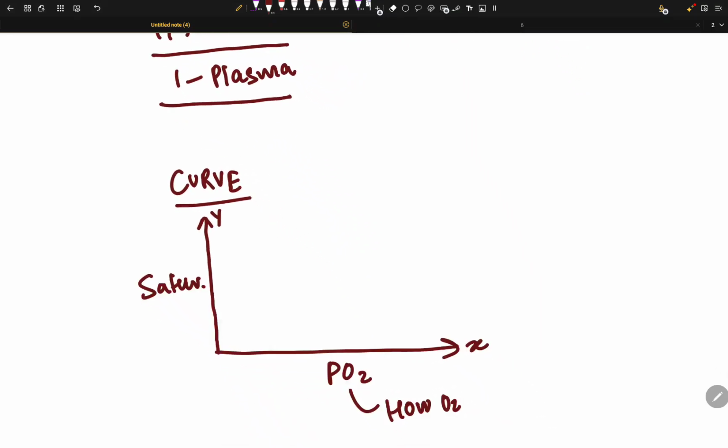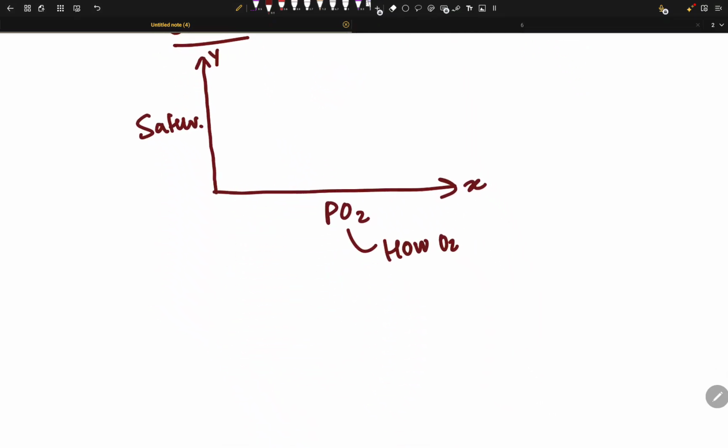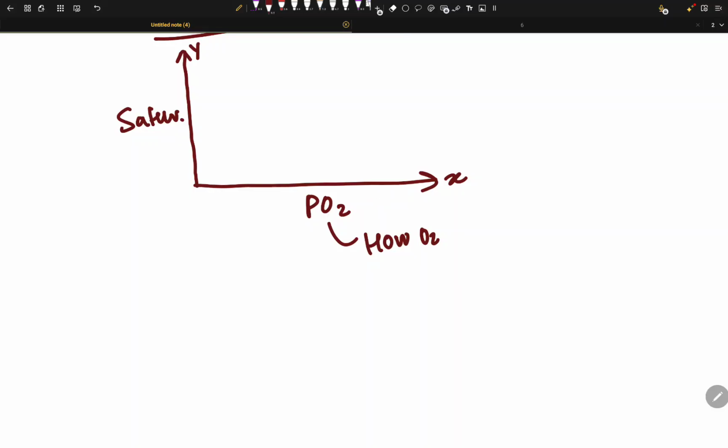So the question here is, if PO2, the partial pressure, which is the availability of oxygen in the lung, increases, if the graph goes this side, what happens to the hemoglobin? Does the hemoglobin bind more oxygen or not?